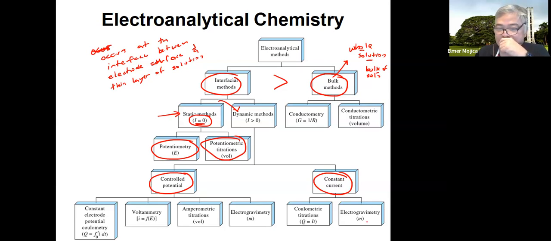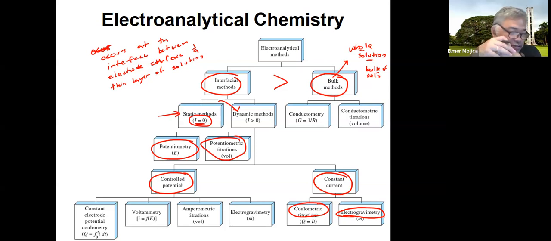In constant current, you have electrogravimetry and coulometric titration. Now, if potential is involved here, you can have constant electrode potential coulometry, voltammetry, amperometry, titrations, and electrogravimetry. Okay. So we're going to talk about this.